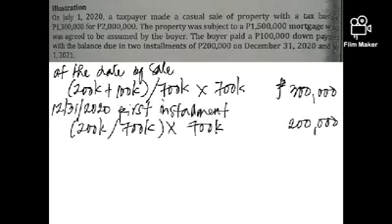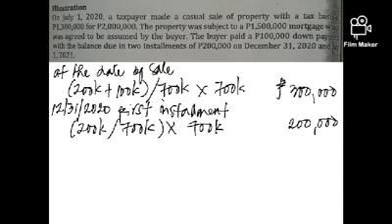Then on December 31, 2020, upon the receipt of the first installment, the taxpayer shall recognize the gross income of 200,000 pesos. So that is the 200,000 pesos installment divided by the contract price of 700,000 times the gross profit of 700,000 pesos.